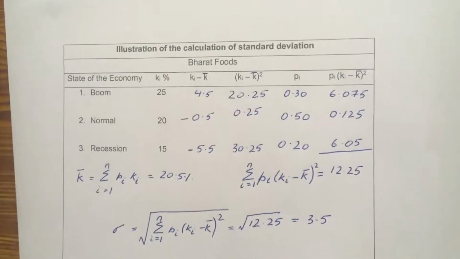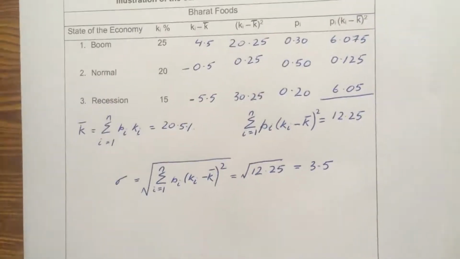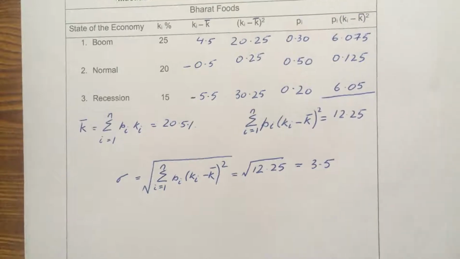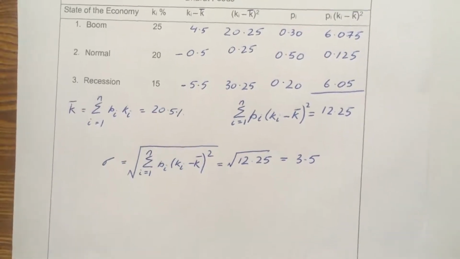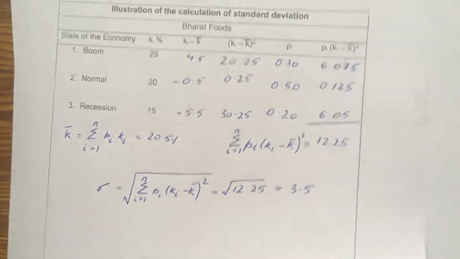Now this is for Bharat Food. Now remember, the higher the standard deviation, the more risk involved. Now let's calculate for Oriental Shipping. Same thing, same procedure.